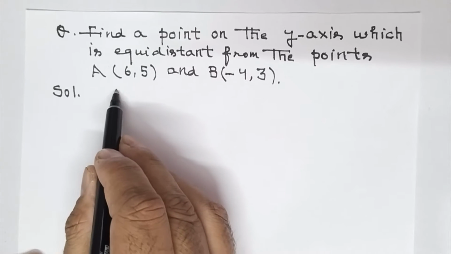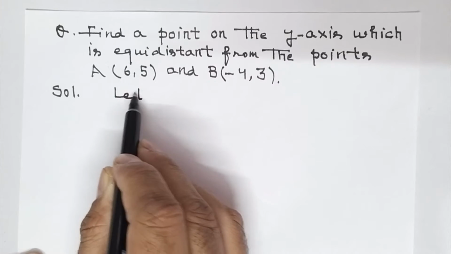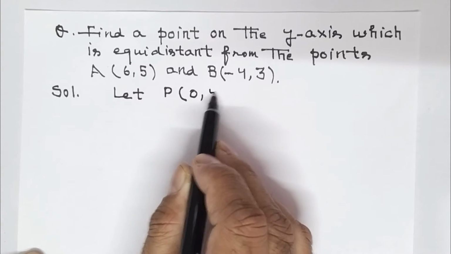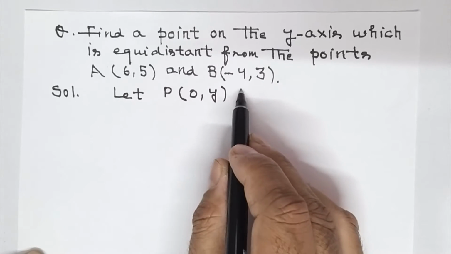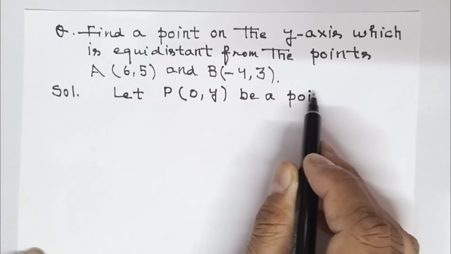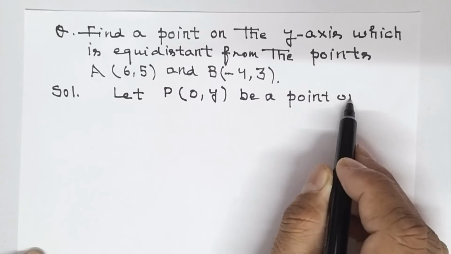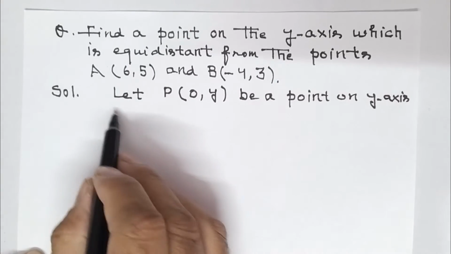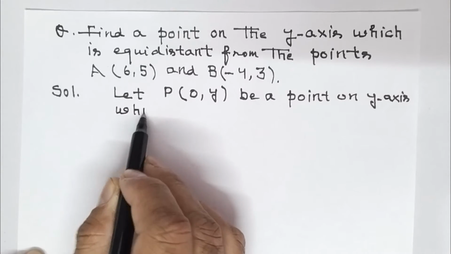So what will we write? Let P, with coordinates (0, y), be a point on the y-axis which is equidistant from points A (6, 5) and B (-4, 3).